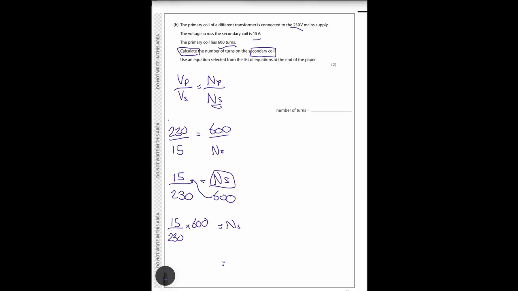So 15 divided by 230, and the whole thing is multiplied by 600. And the answer I have got is 39.1304, and so on. I'm going to write it down to 2 significant figures, or well, for this one, it's number of coils, so it should be a whole number as well. Is 2 significant figures a whole number? Yeah, it is. 39. So 39 is going to be the right answer here.